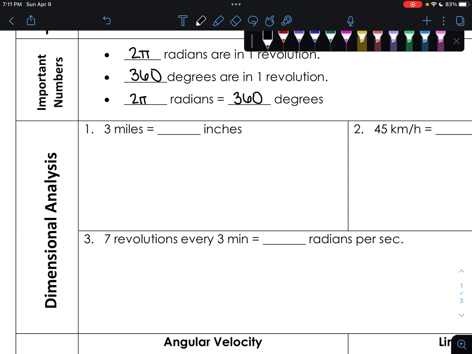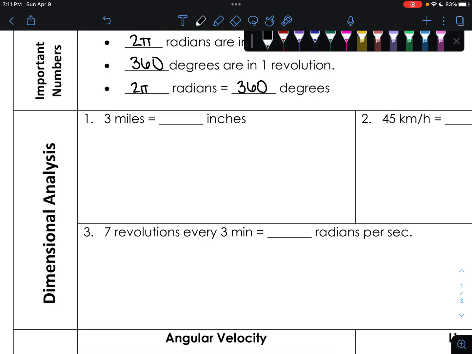So just being able to convert from inches to miles, and this is the process we're going to do this from. So I have 3 miles. I want to know how many inches that is. So I start with my 3 miles, and I need to figure out what I can do to cancel out the miles. Well, I need to multiply it by something.